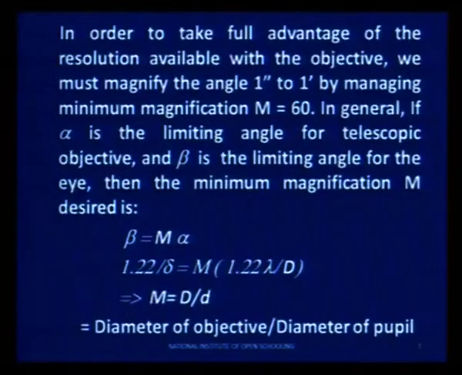We can also say that beta is equal to m alpha, where beta is the limiting angle of the eye, and it can be simplified as m is equal to D divided by d, where capital D is the diameter of the objective and small d is the diameter of the pupil. It is a very important relation.